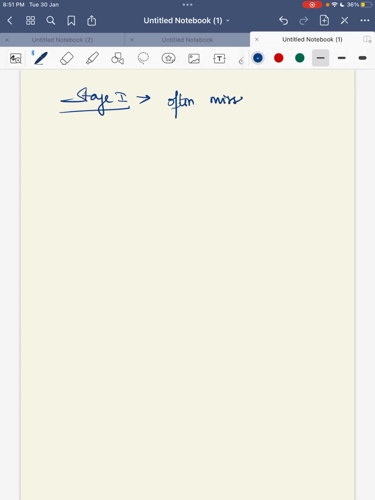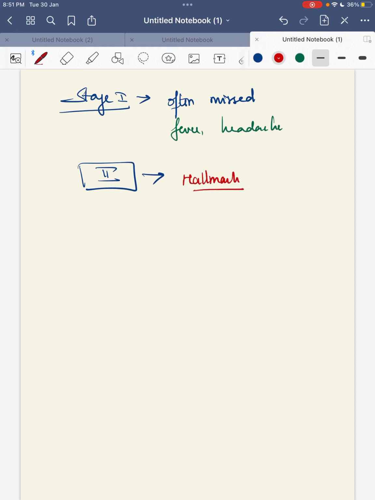Stage 1 is often missed. Here the patient will present with fever and headache. Next, in stage 2, the pathognomonic hallmark is myoclonic seizure.